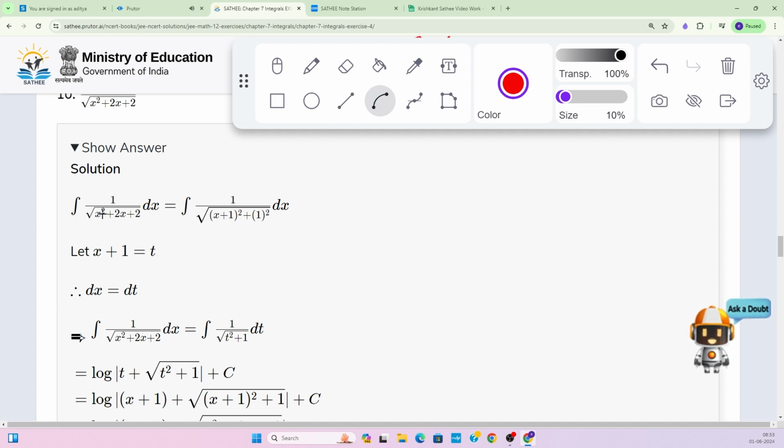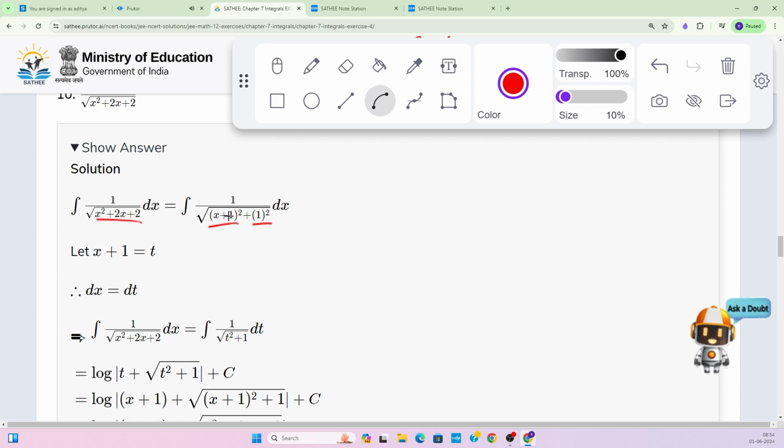Whenever you have to make a complete square, if you remember from the theory class, we have already shown you how to use the completing the square method. So using that method you will get x plus 1 whole square plus 1 square.